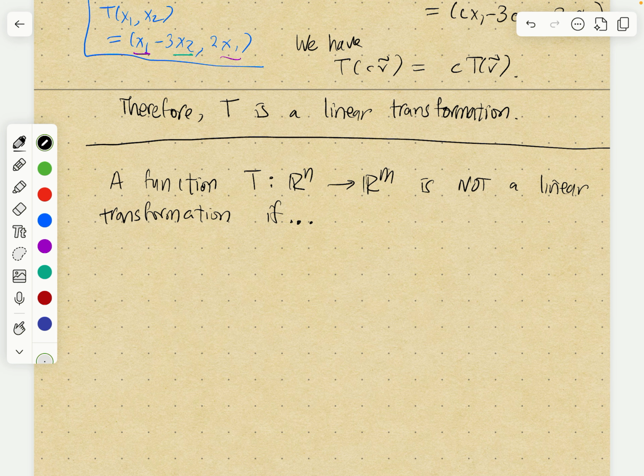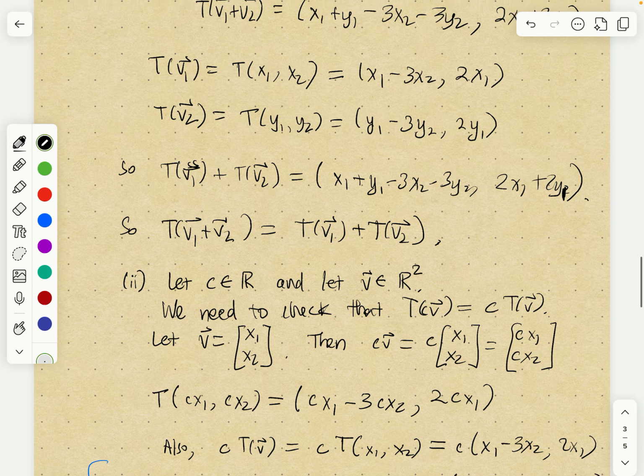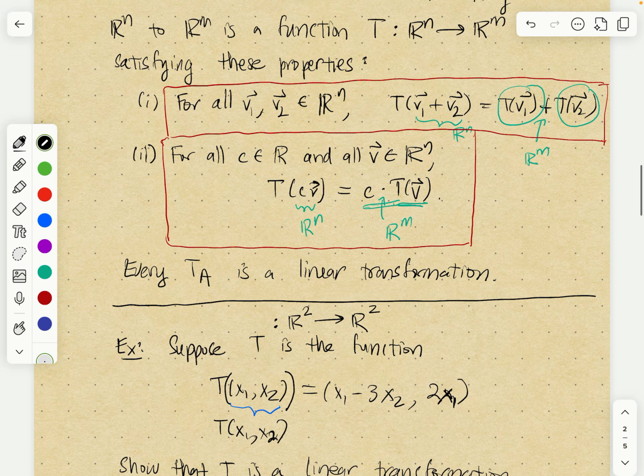Well, let's think about this logically. To be a linear transformation, you have to be a function that satisfies both properties 1 and 2, right? So anything that doesn't satisfy both 1 and 2, that's not going to be a linear transformation.